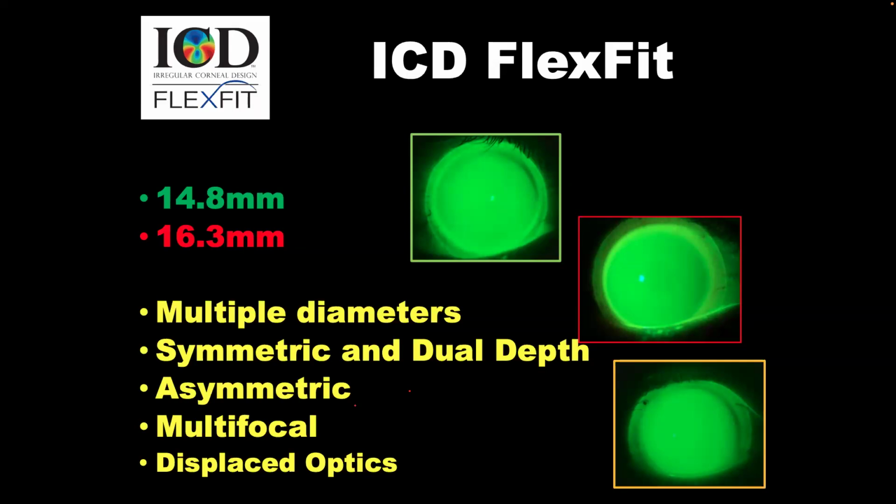With the 16.3, you can go as low as 15.5 and as high as a 17 millimeter diameter. So you have a symmetric and a dual depth lens, basically an asymmetric one for any type of asymmetric corneas, and multifocality with displayed optics on the multifocal zone. So this is ICD Flex.